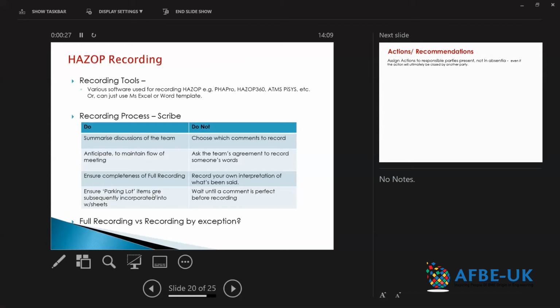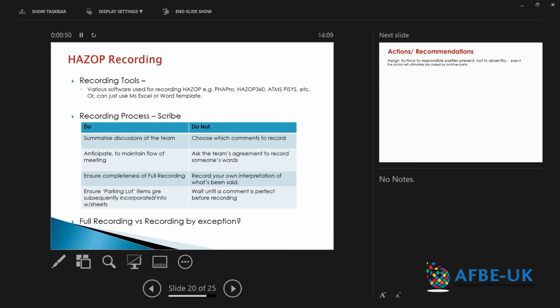Recording by exception is where you decide you're not going to record everything. For example, you're not going to record for all the deviations unless you find something, that is, an actual hazard, an actual issue or concern that needs to be recorded.